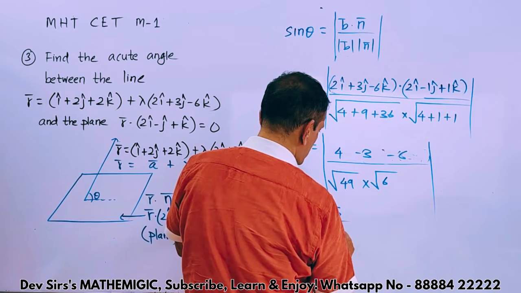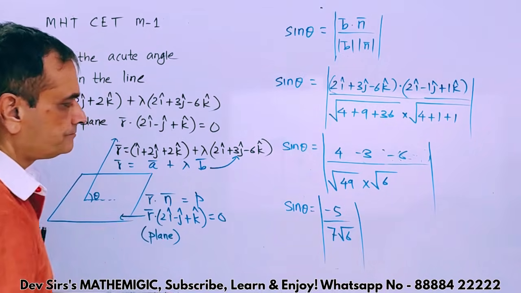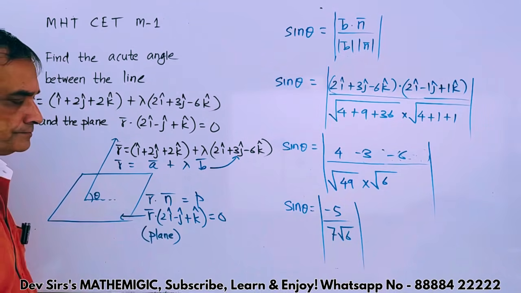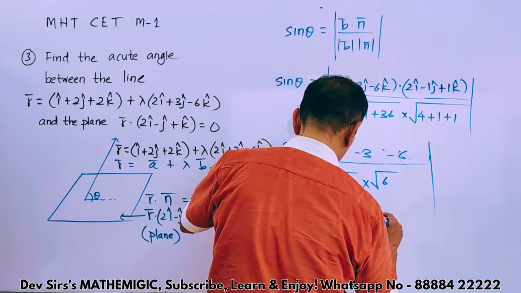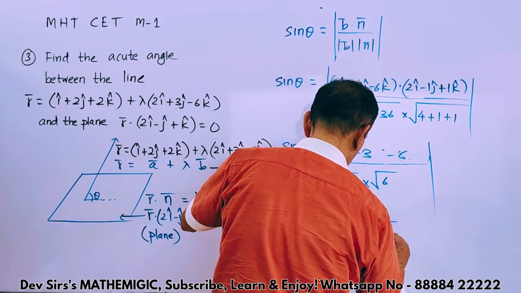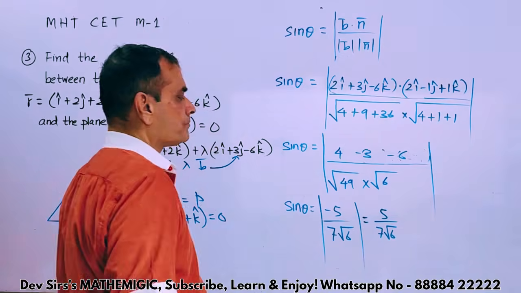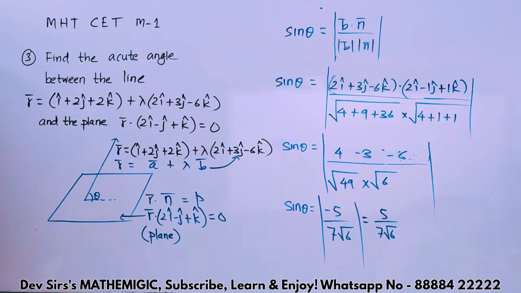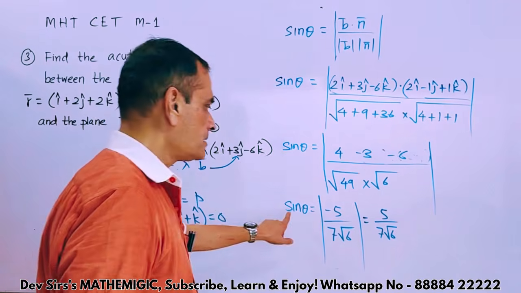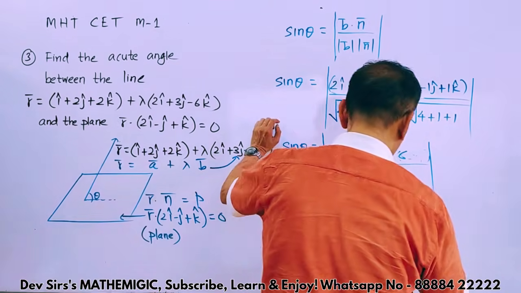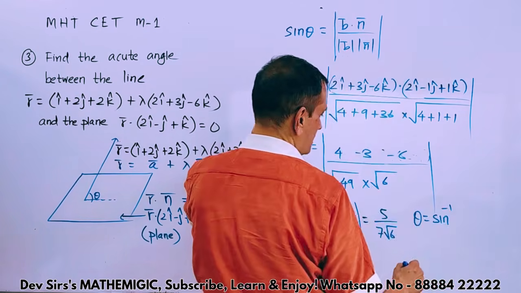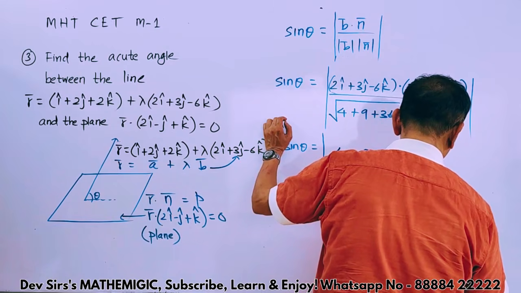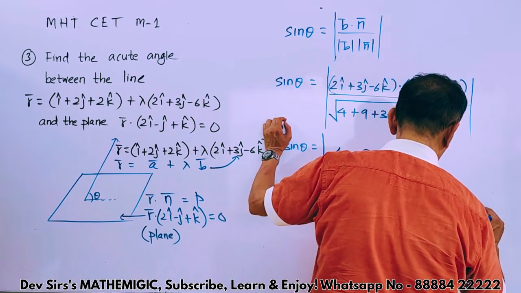Square root of 49 is 7. Absolute value of minus 5 is plus 5. So finally, if you take sine on the other side, we get the answer as sine inverse 5 upon 7 root 6.